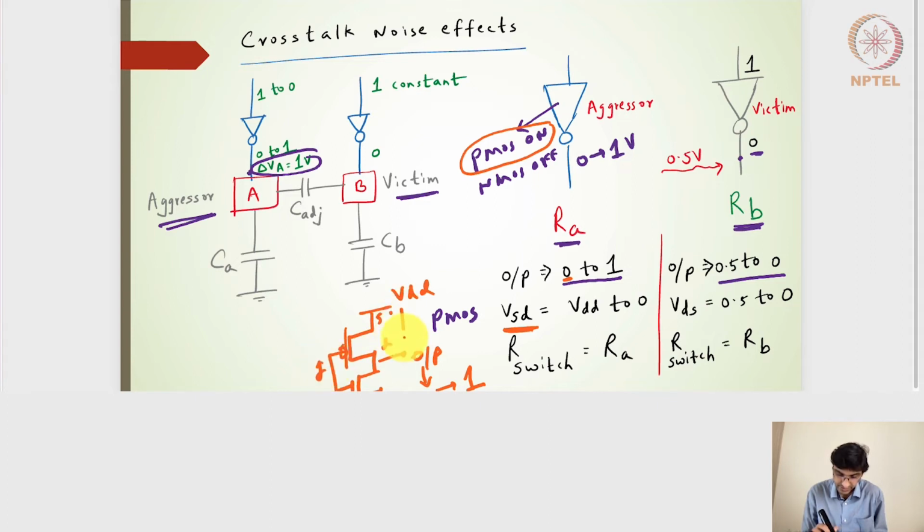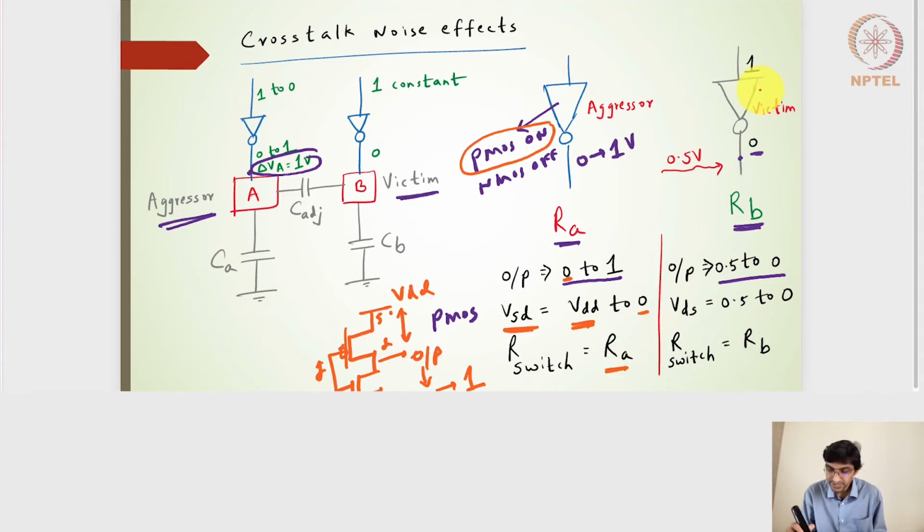When the output was at 0 volts, we got the VSD as VDD. And then when it became 1, the VSD was 0. So that is a change of VDD to 0. If I find the switching resistance for the PMOS transistor on the A side, on the aggressor line, we can note it as RA.